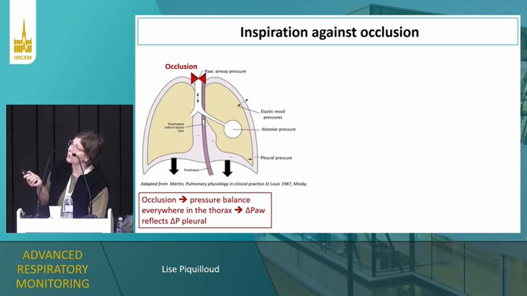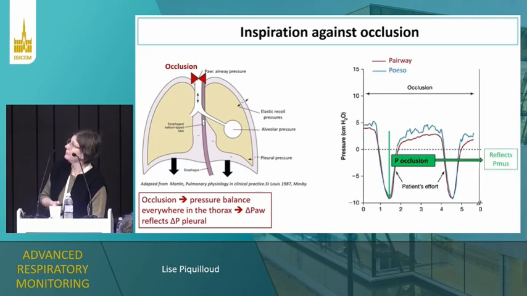Because if you don't have zero flow, then you don't have the occlusion, then what you are going to measure in the airway is probably lower than what you would measure with the esophageal balloon. But if you have an occlusion, just looking at the decrease in airway pressure during this occlusion, you can assess the decrease in esophageal pressure. And this is very interesting because you get two things.